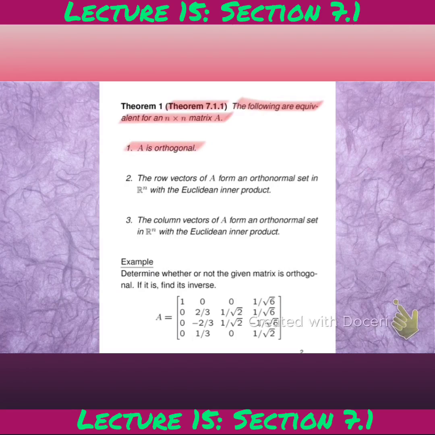If a matrix A is orthogonal, it will imply that the row vectors of A form an orthonormal set with the Euclidean inner product, and that will imply that the column vectors of A form an orthonormal set in Rn with the Euclidean inner product. Those three statements are mathematically equivalent. So 1 implies 2, 2 implies 3, and 3 implies 1.